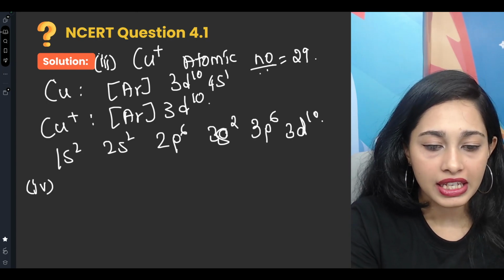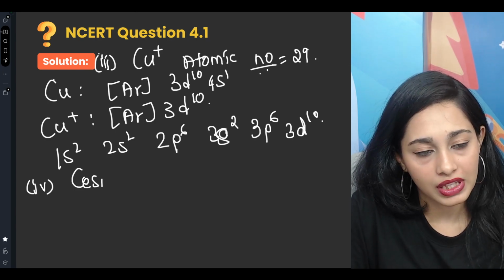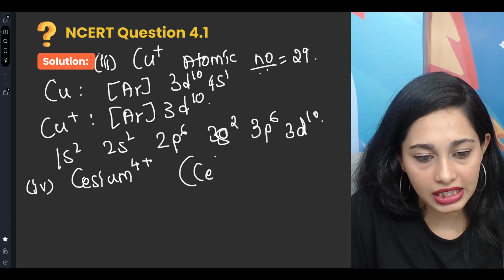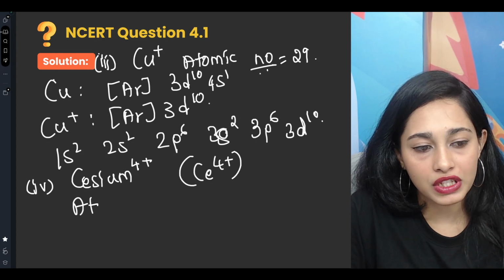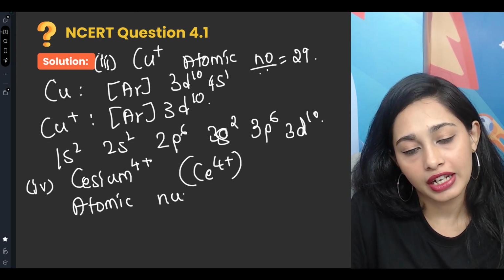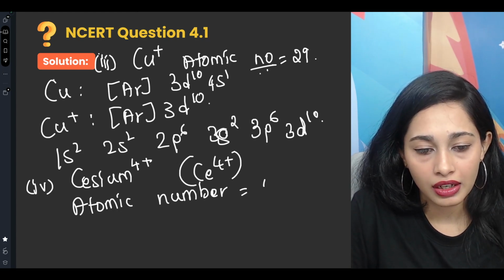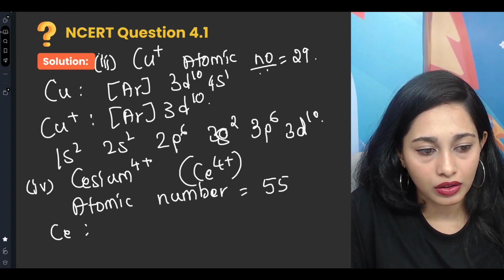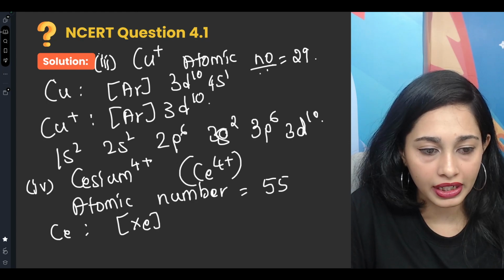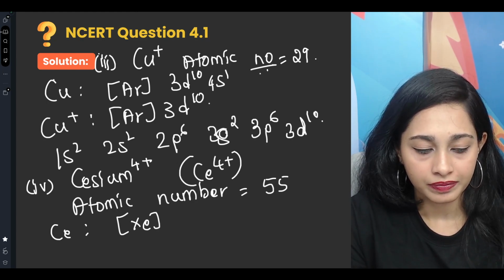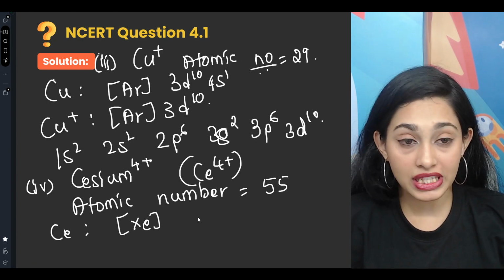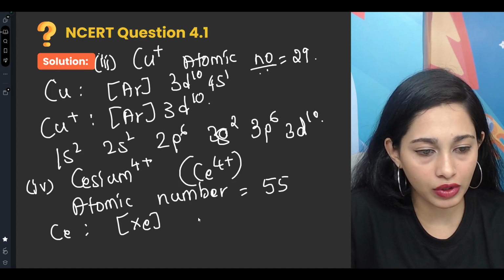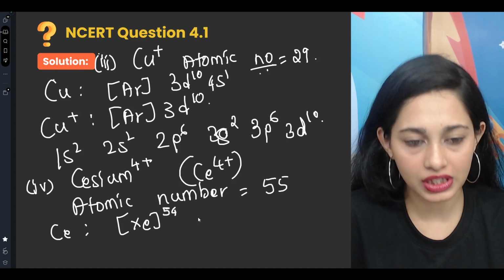Next we have the cerium 4 plus ion, Ce 4 plus. The atomic number of cerium is 58. So the configuration will be xenon, 54.